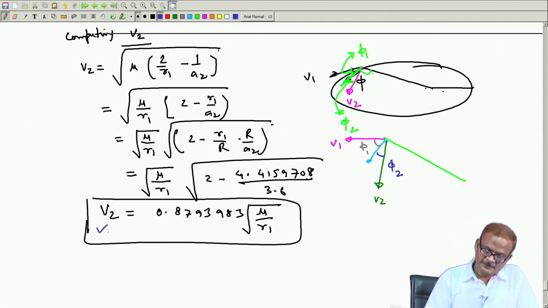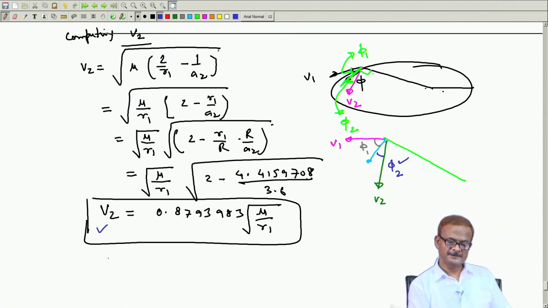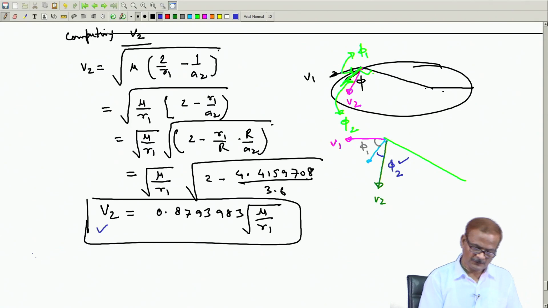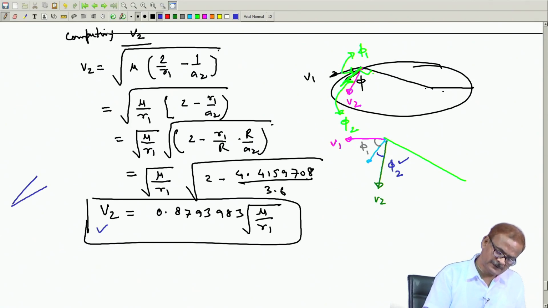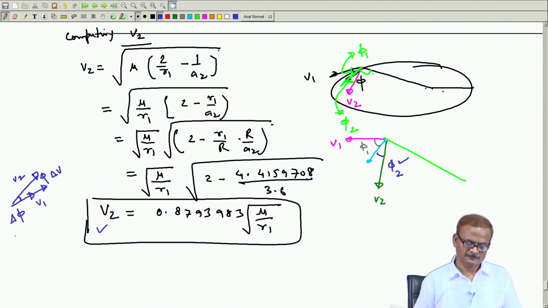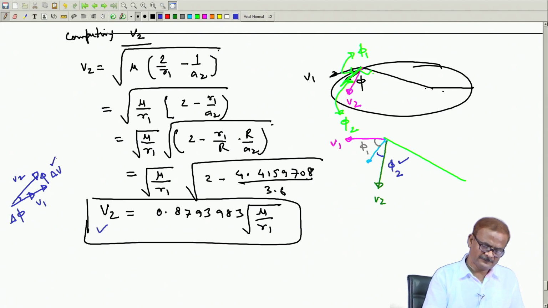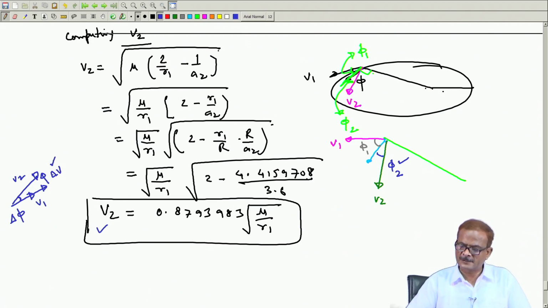V 2 is known to us, we have to determine this phi 2 also, and if we get this, then we will be able to know the separation between these two vectors. Say this is the V 1 vector and this is the V 2 vector. So, what will be the change? This is delta V. How will we know? If we know the difference between the V 1 and V 2 vectors, which will come in terms of delta phi, then this delta V can be calculated using the parallelogram rule.